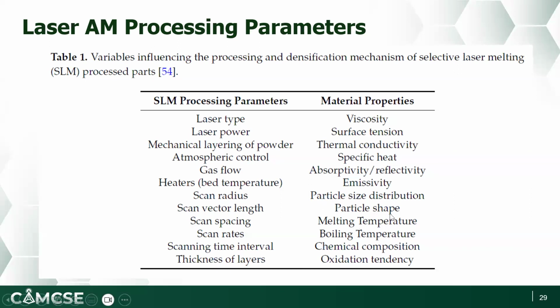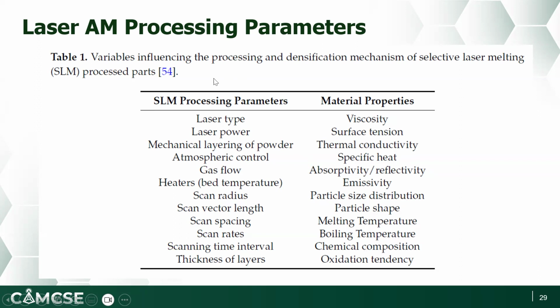So when you build a 3D component from a specific alloy, the material properties are the ones you don't have good control over. For example, if you want to build aluminum silicon magnesium alloys, those physical properties are almost fixed. You cannot really tune them.